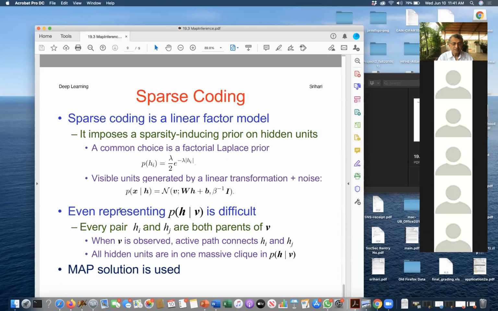Even in this model, representing P of h given v is difficult because the network involves a massive clique. So inference here is hard. Well, inference is hard throughout deep learning. And they're saying it's hard even for a simple model like sparse coding, and a MAP solution could be used here.